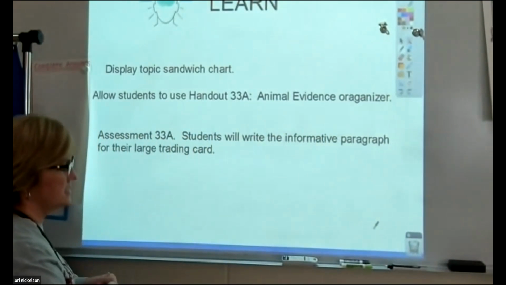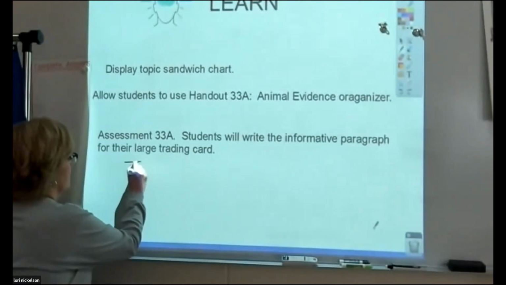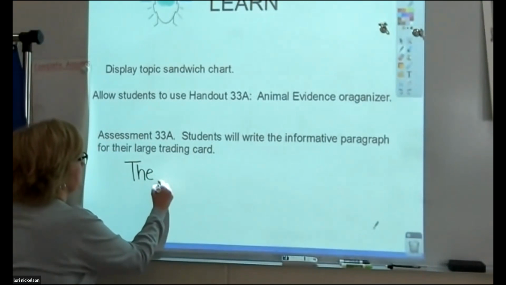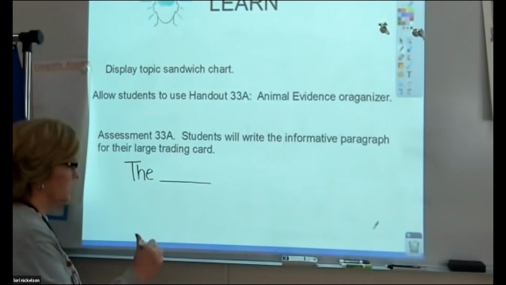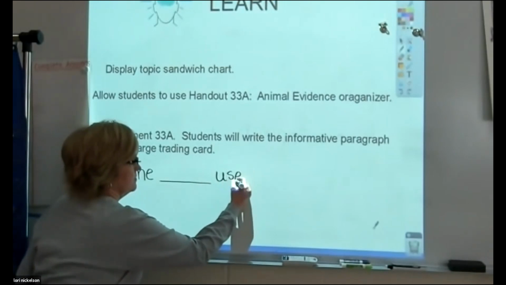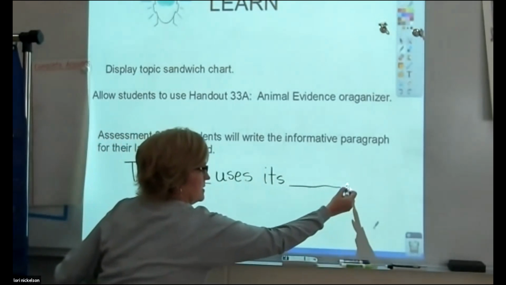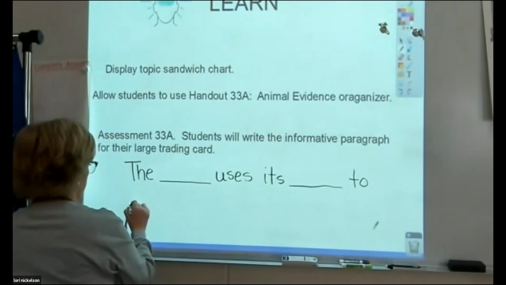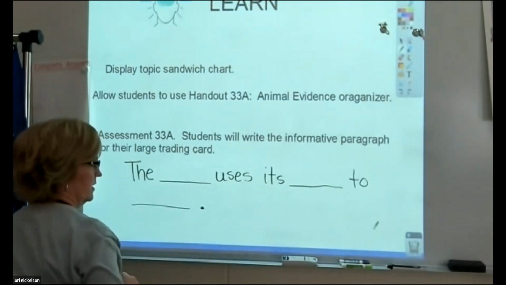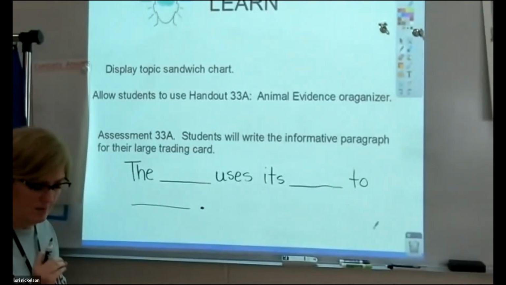So your topic sentence, how you're starting your writing, is: the blank, whatever animal you chose, hippo, platypus, or the chimpanzee, uses its blank to blank. Period. All right. That's your topic sentence.